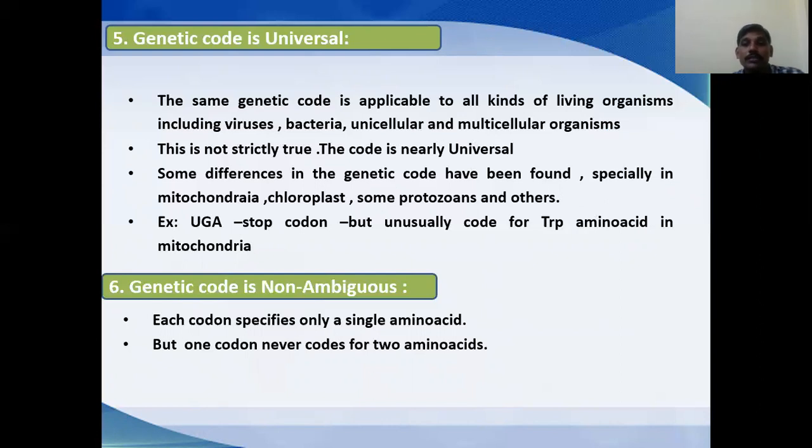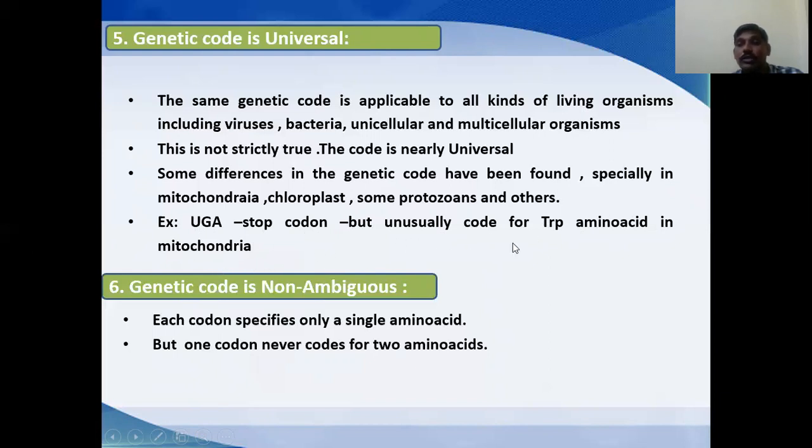Some differences in the genetic code have been found, especially in mitochondria, chloroplasts, some protozoans, and others. For example, UGA is a codon that terminates protein synthesis.